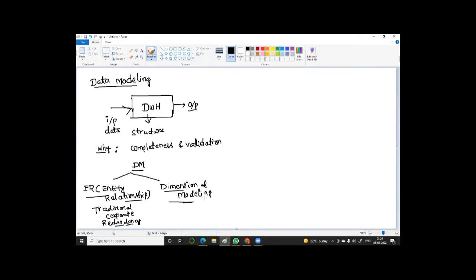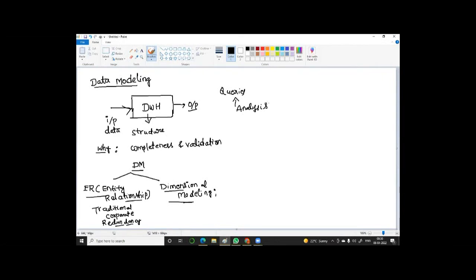Coming to dimensional modeling, it is advanced. I told you it is suitable for the present scenario. Why? Because our fundamental point here is the query, and against those queries we have to do analysis. So this is the fundamental, right?